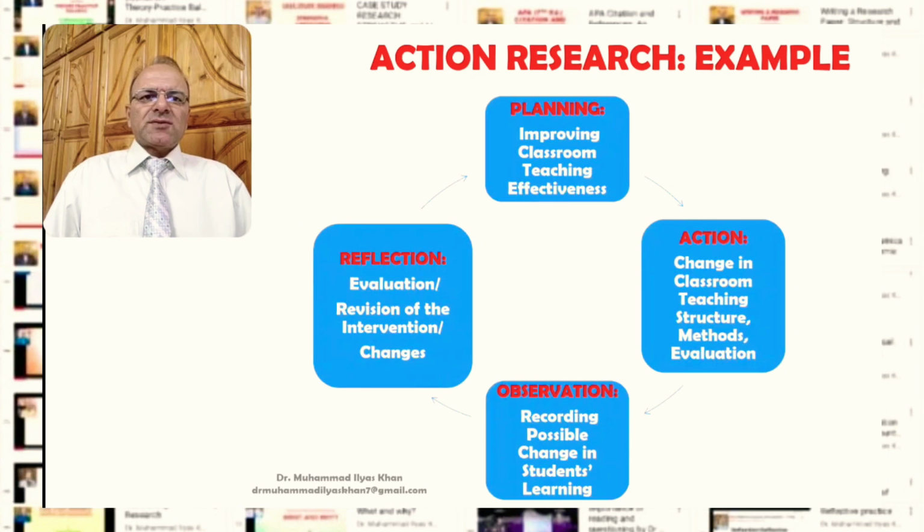So as you can see, to summarize, the focus of action research is basically not on the development of theory or theoretical knowledge, but actually the focus is on improving practical teaching learning skills in this case.